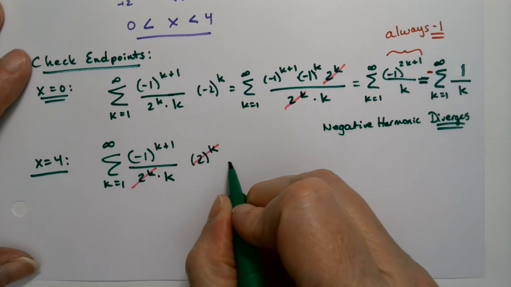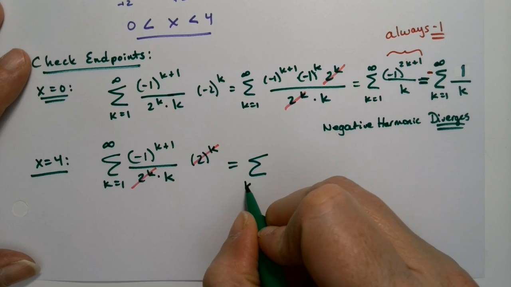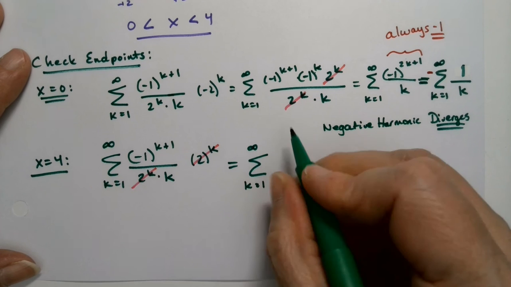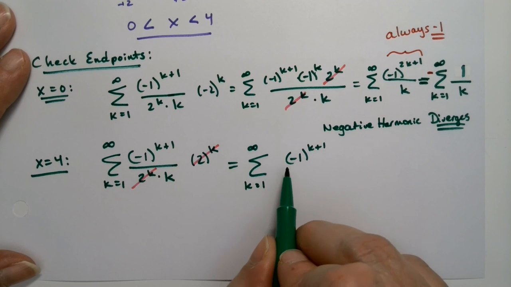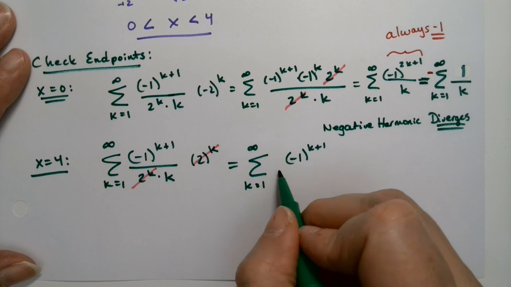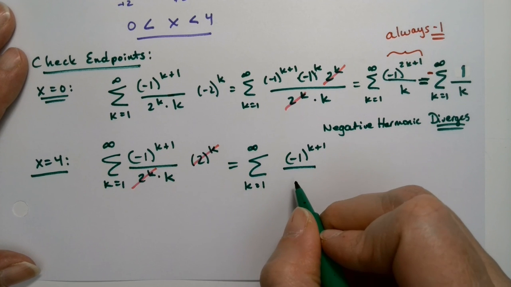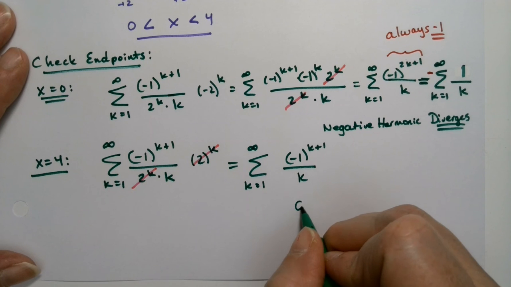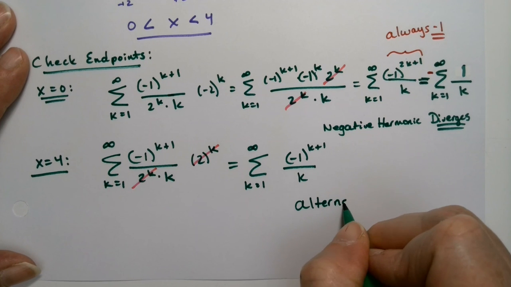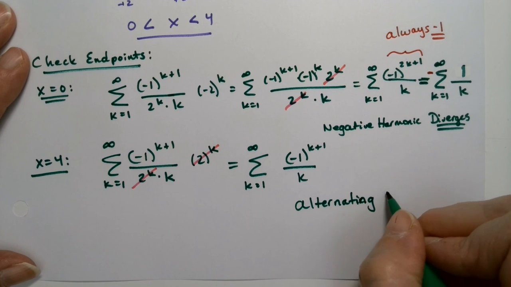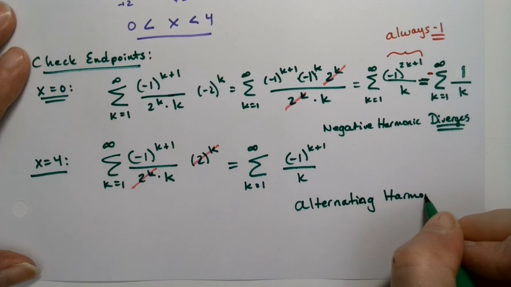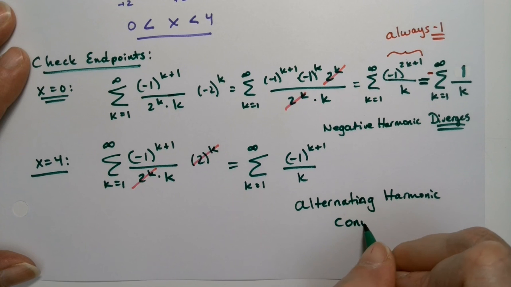And that leaves you k equals 1 to infinity, negative 1 to the k plus 1 over k, but that alternates. That's positive, negative, positive, negative. It's not always negative like that other one. So this is the alternating harmonic series, and it converges.